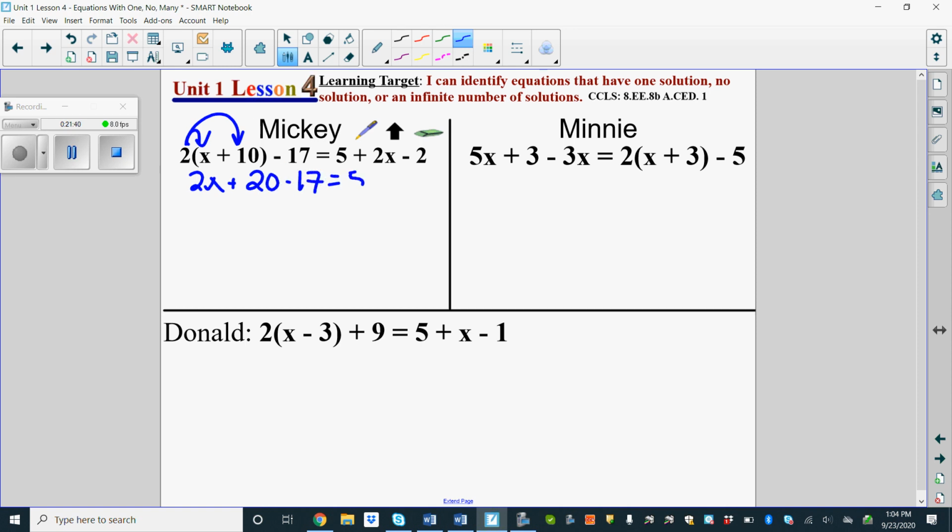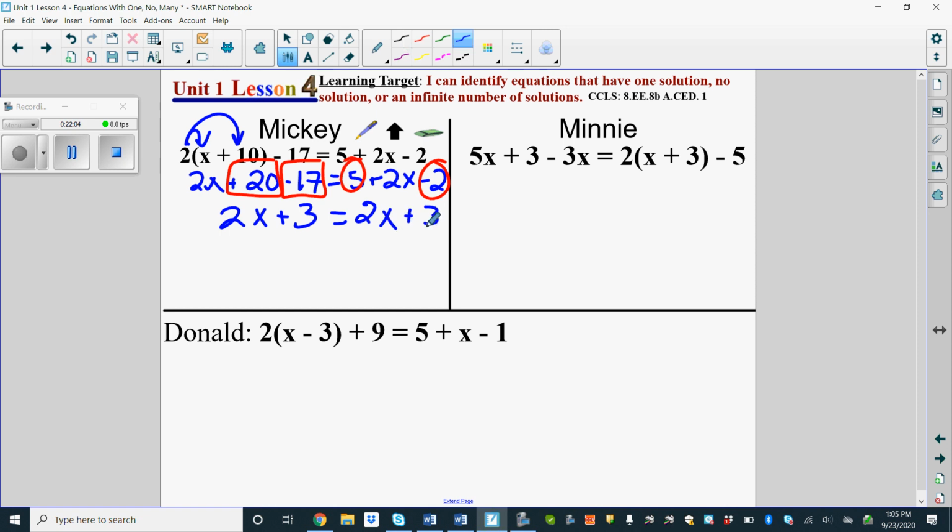Now we bring down the 5 plus 2x minus 2. On the left side, we have to combine the positive 20 and the negative 17. So we bring down 2x plus 3 equals, and now on the right side, we have a 5 and a negative 2. So now we're going to bring down the 2x, and a 5 minus 2 is a plus 3.